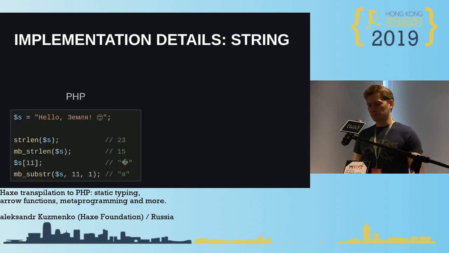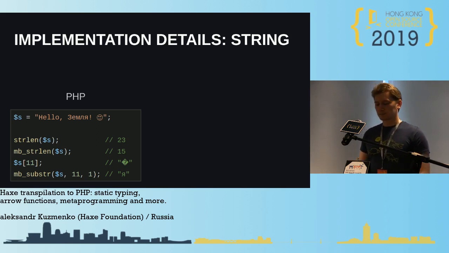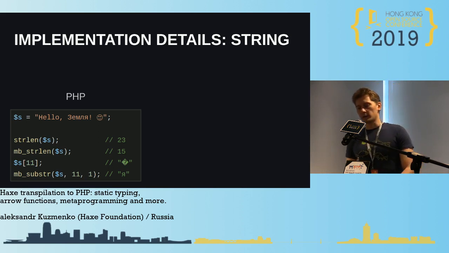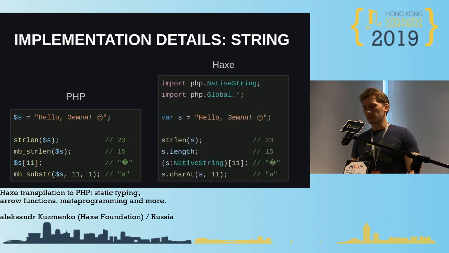For example, to demonstrate the differences, here is the PHP code which handles or doesn't handle the Unicode in a string, and here's how the equivalent Haxe code looks. So, as you can see, you can use ordinary PHP functions to ignore Unicode, or use the Haxe string API and get the proper Unicode support.